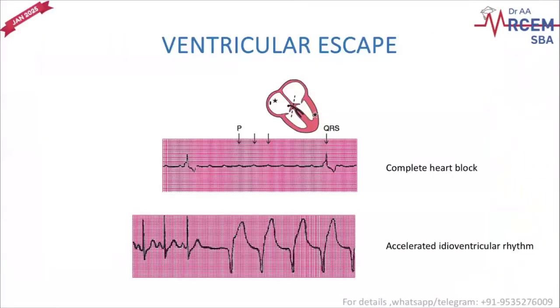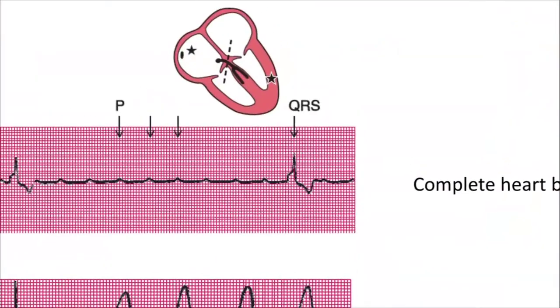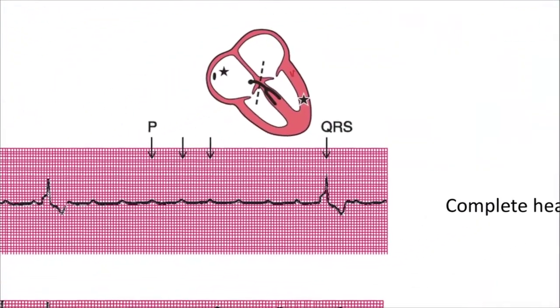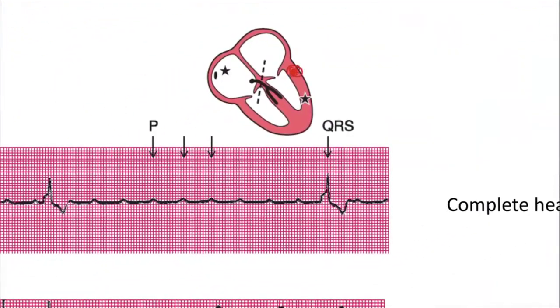Ventricular escape. Again, like an atrial escape, there can be a ventricular escape where electrical activity is generated from one of the muscles of the ventricle. So suddenly it appears and starts acting as a pacemaker. This usually happens in a complete heart block, which is also known as third degree heart block. Both mean the same; do not get confused.